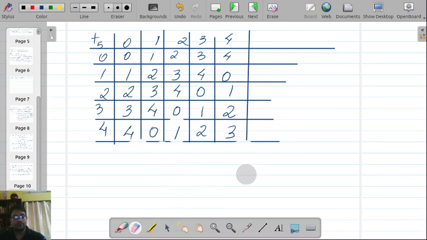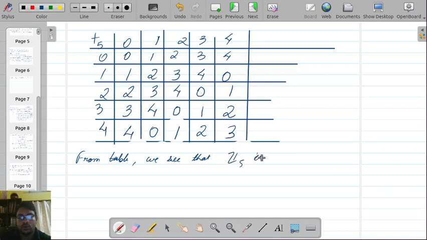So from the table you can conclude many things here. We see that Z5 is closed, because whatever numbers we have got inside the table, they are the elements of Z5 only. Closed with respect to addition modulo 5.